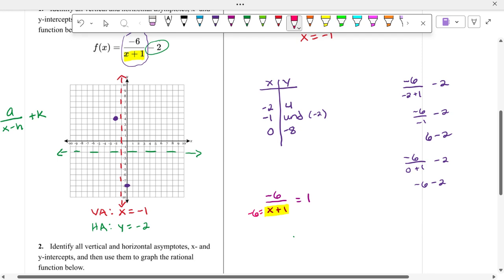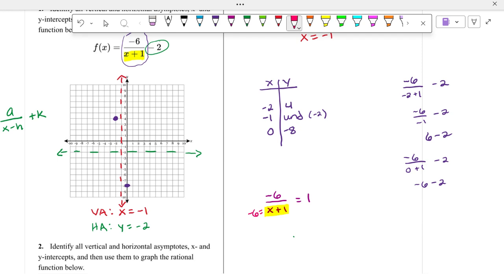Negative 6. So what x value, if I plugged it into x plus 1, would give me negative 6? Negative 7. So negative 7 would be one of our x values. And a double check, negative 6 over negative 7 plus 1, that's equal to negative 6 over negative 6, which is 1.